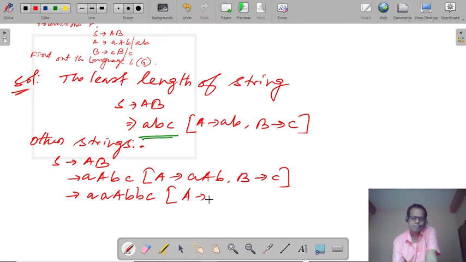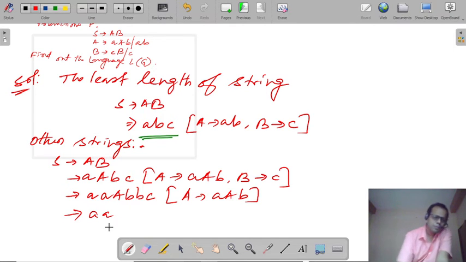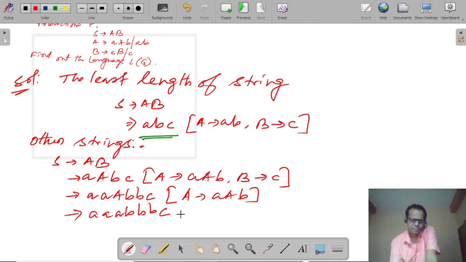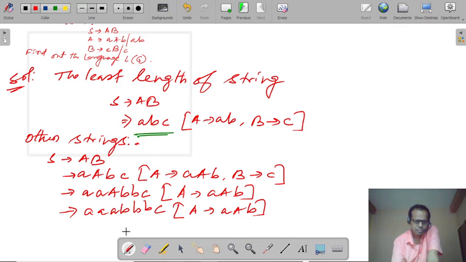We are using A implies a A b. So here this is a square, b square, c. a square b square c is also possible to generate.